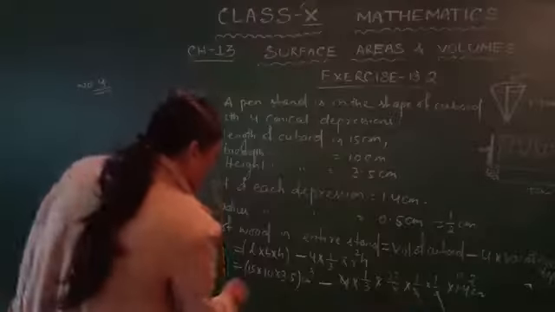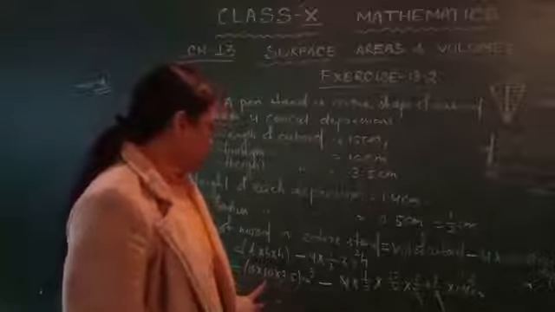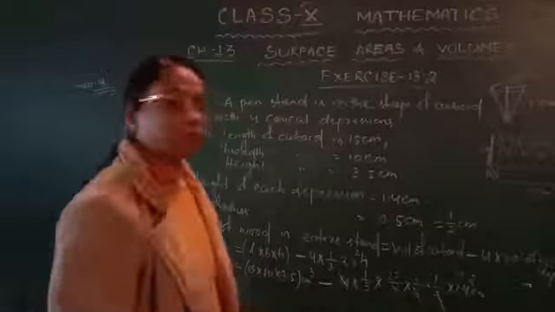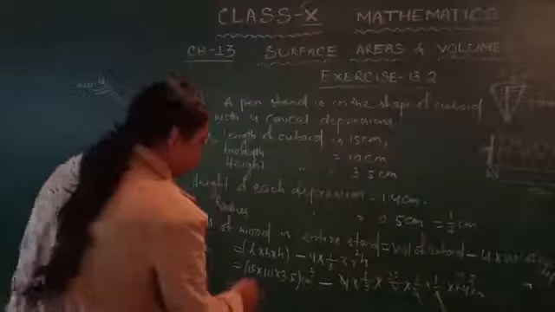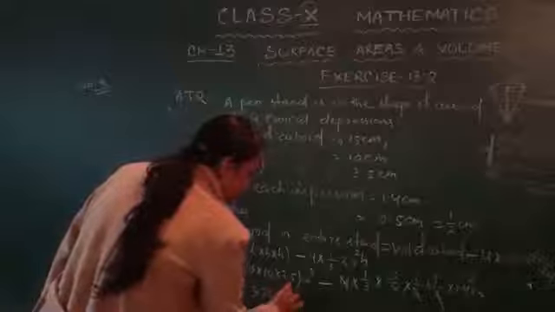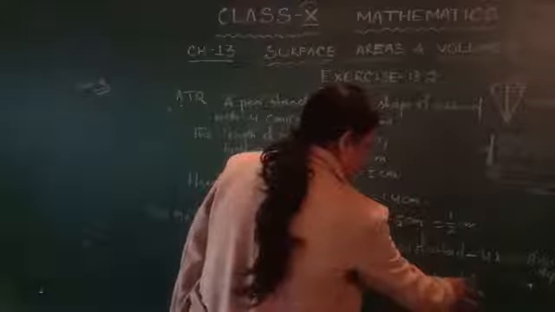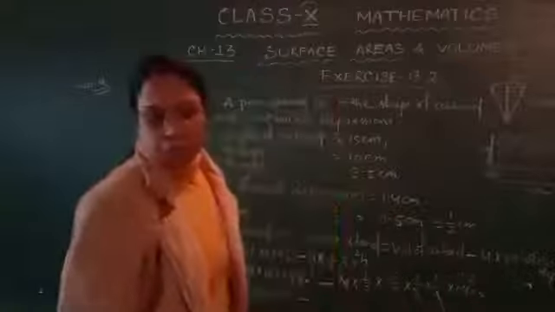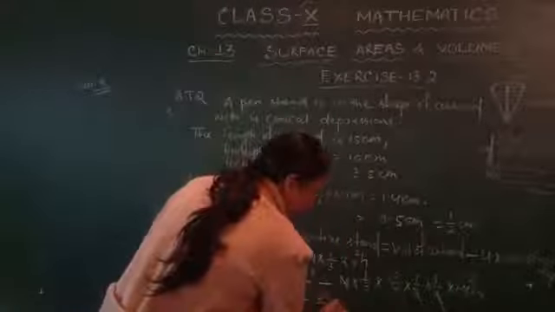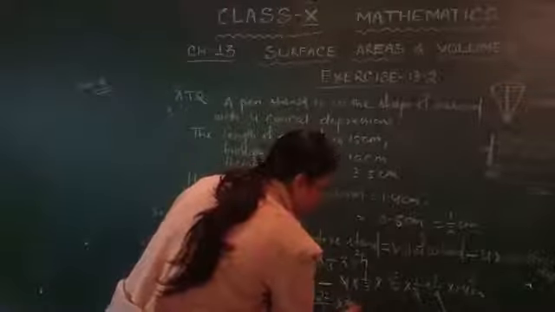So that is equal to here 15 into 3.5 into 10, that is 35, then 35 into 15 is equal to 525 centimeter cube, minus 22 into 0.2. So that is equal to 22 upon 3 into 2 upon 10, because 0.2 is 2 upon 10.